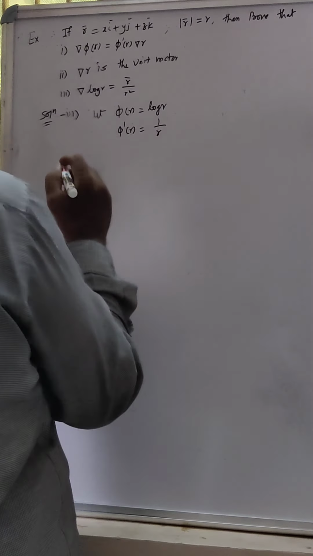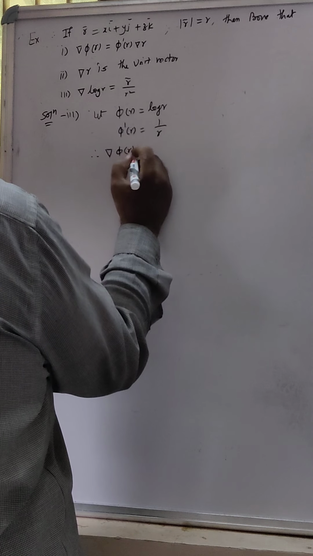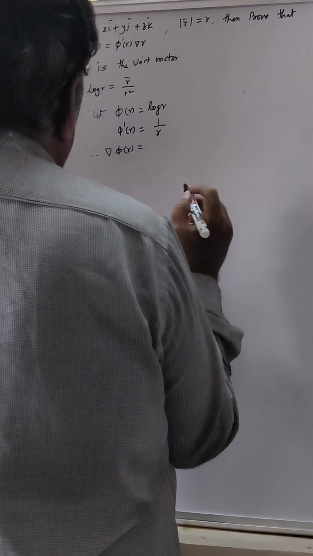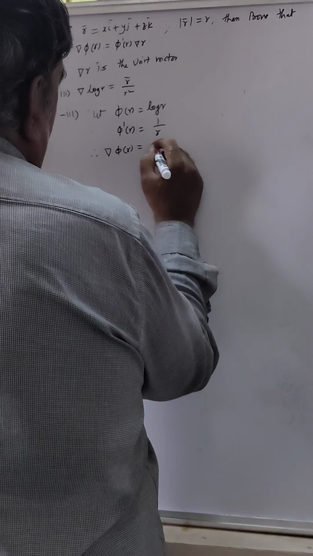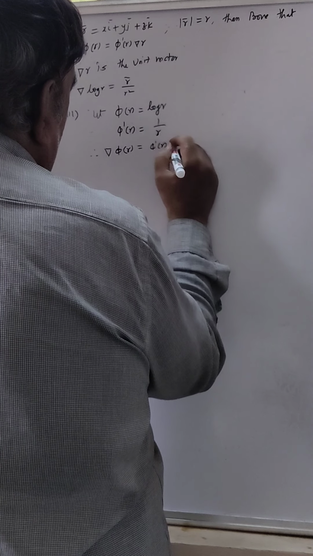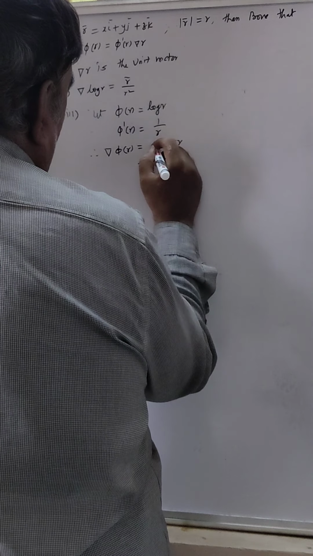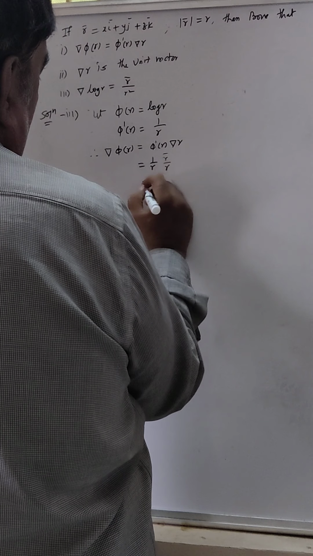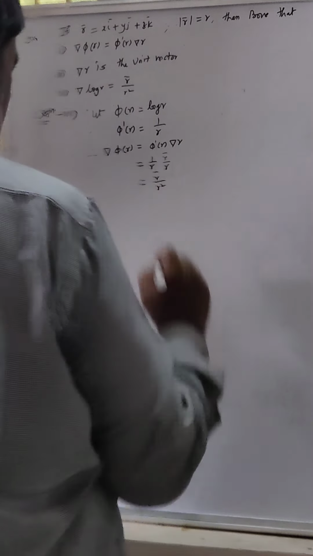Therefore we know that from result first, del phi r is equal to phi dash r into del r. Phi dash r is 1 upon r, and from result 2, del r is the unit vector, that is r vector upon r, so it is equal to r vector upon r square.